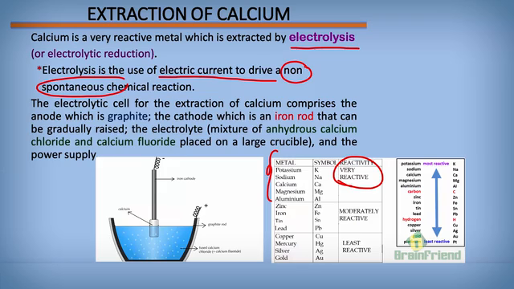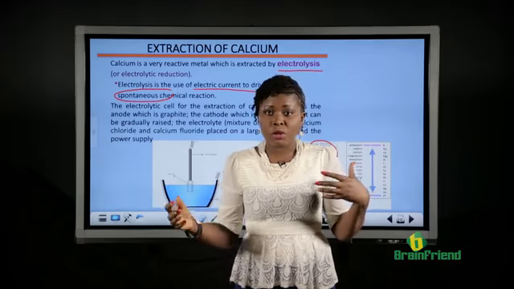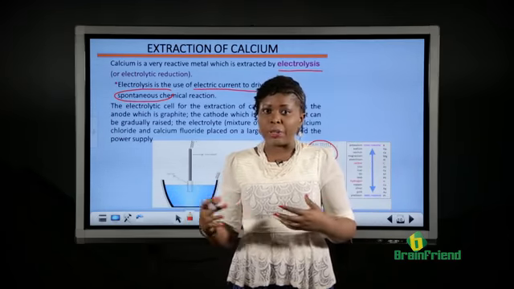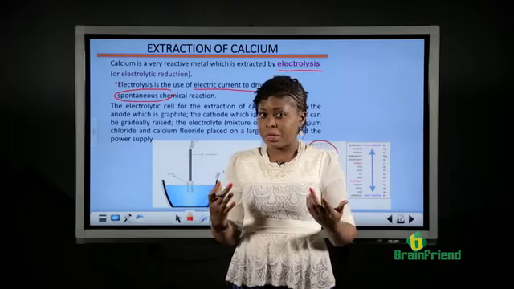For example, the electrolytic cell that will be used for the extraction of calcium, okay, will be different from the electrolytic cell for the extraction of, say, sodium or potassium, okay? The contents, the electrodes, and the electrolytes will all be different for the different metals.